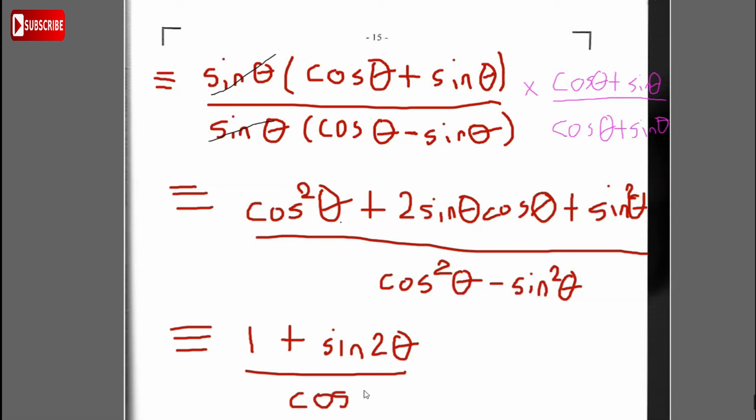So done, because we can then just separate this now as two separate fractions: 1 over cos 2 theta plus sine 2 theta over cos 2 theta.